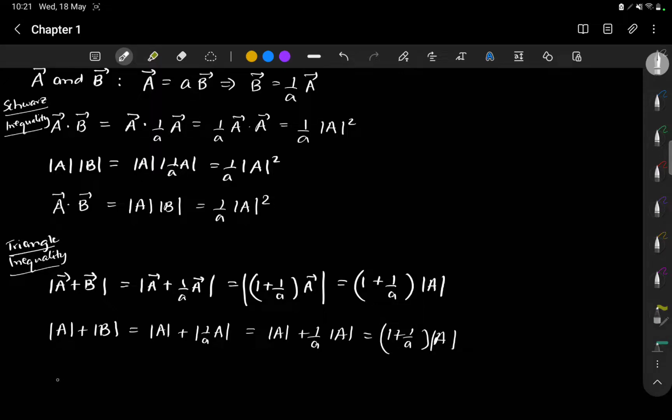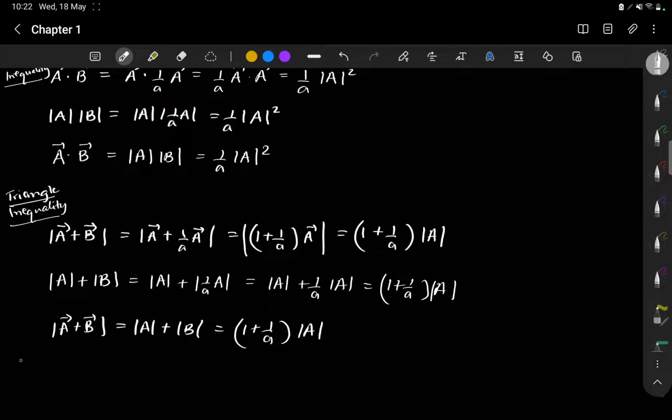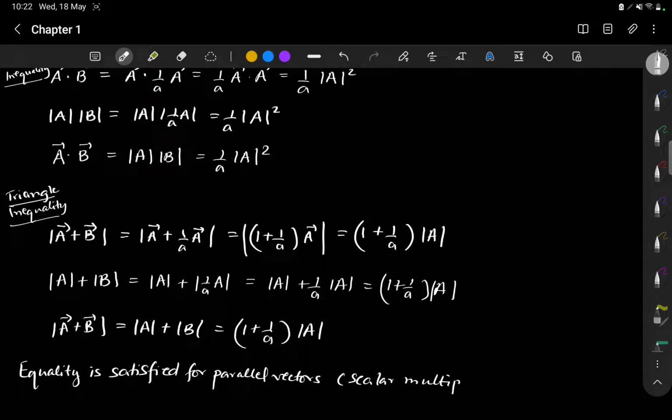Again we see that equality is being satisfied. So we see that equality is satisfied for parallel vectors. Parallel vectors meaning scalar multiples of each other.